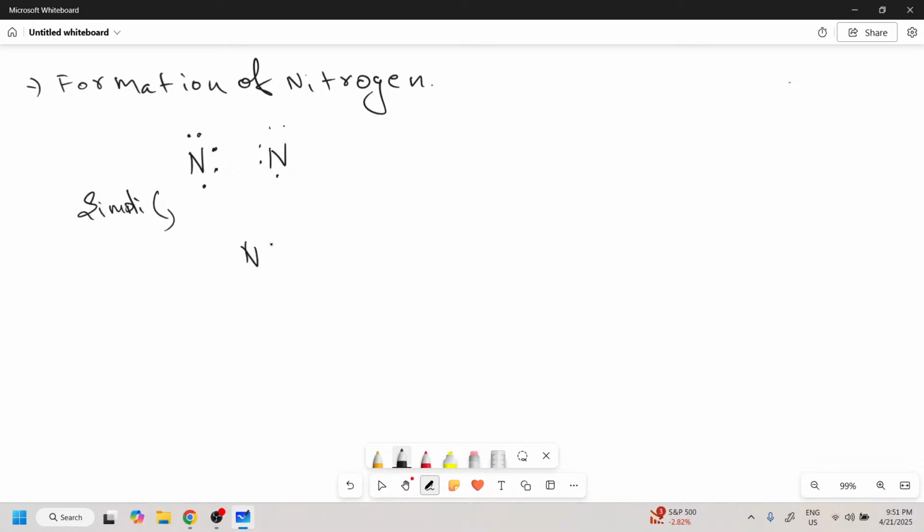So 1 2 3 4 5. 1 2 3 4, so 4 plus 4 is 8. So the second shell has 8 electrons. Remember, second shell.